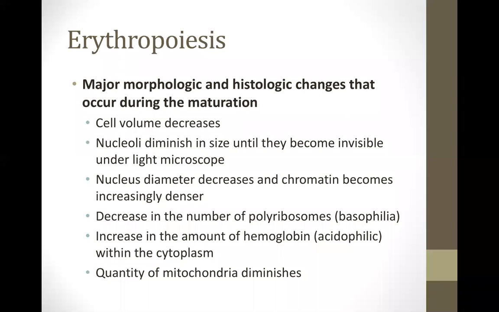The nuclear diameter decreases and the chromatin becomes denser. There is decrease in the number of polyribosomes or basophilia. That's why during its maturation, kung nag-decrease ang basophilia, nag-increase naman ang acidophilic or amount of hemoglobin. And the quantity of mitochondria diminishes as well.